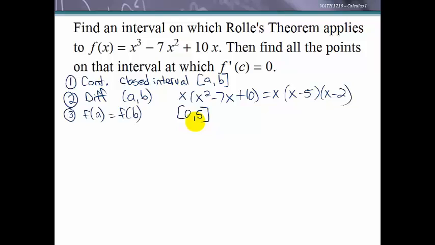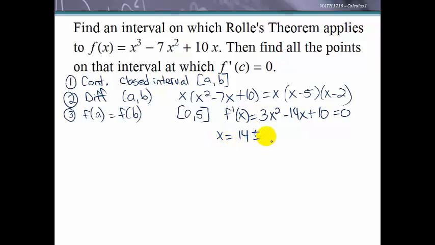So now we want to find all the points to confirm this. So we're going to need the derivative of this function, and that's going to be 3x squared minus 14x plus 10. We're interested in where that derivative equals 0. Looking at that, it doesn't look like it factors, so let's use the quadratic formula.